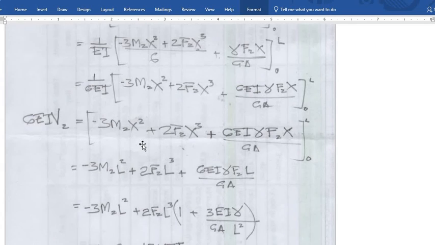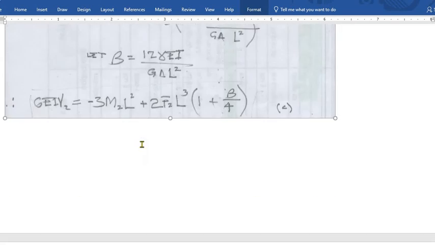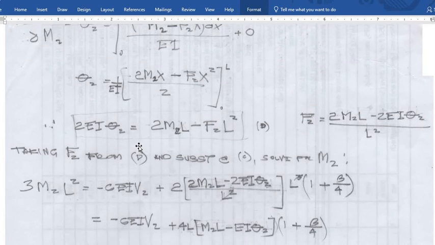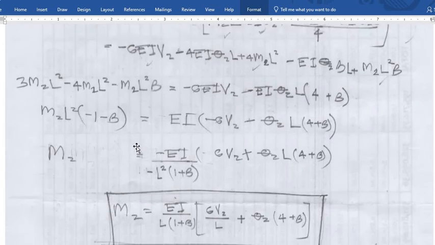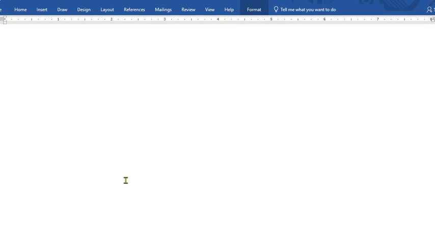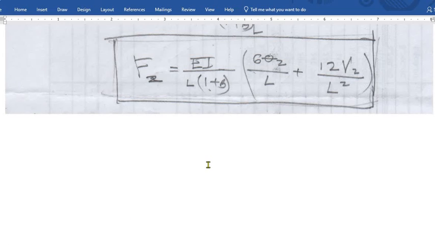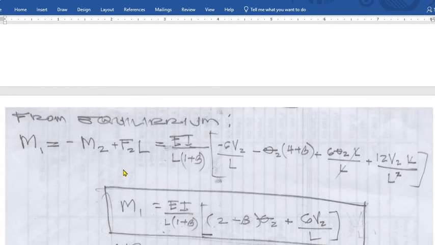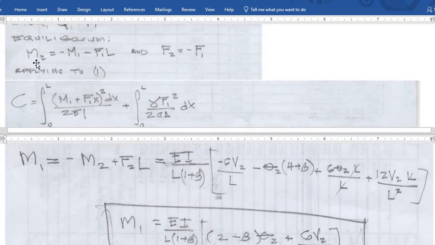We will now get M2, and also F2. And then from the equilibrium conditions, from this equation, let's isolate M1.